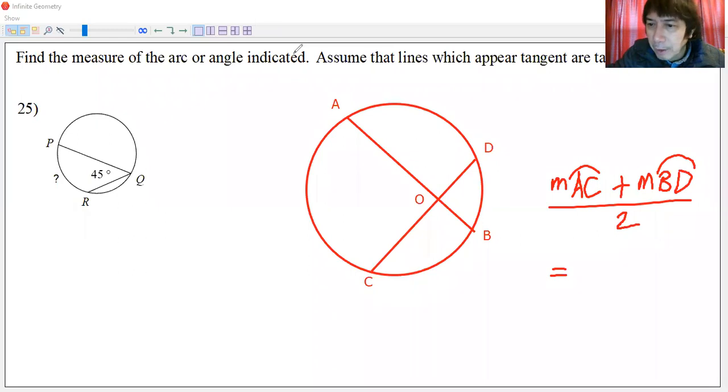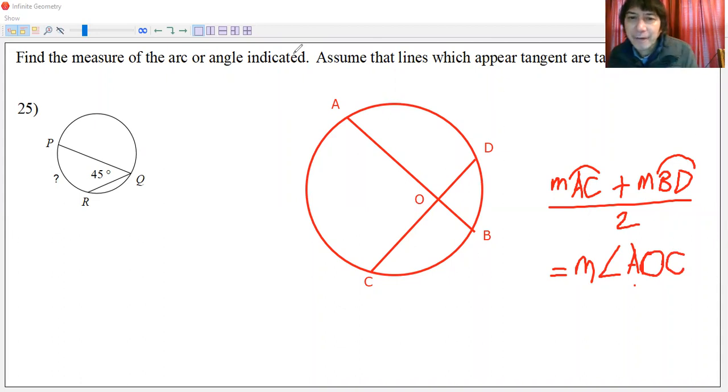This is equal to the measure of the angle AOC, this angle.